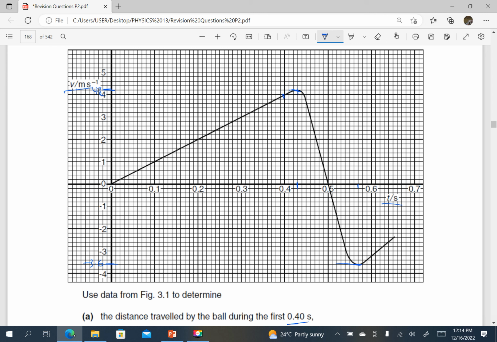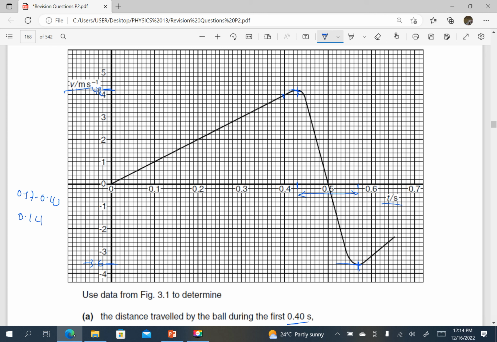The scale on the x is 0.1. So this is 0.57 minus 0.43, which is 0.14. So this time here is the time of contact with the wall. I started from the center, from this point here and this point here.